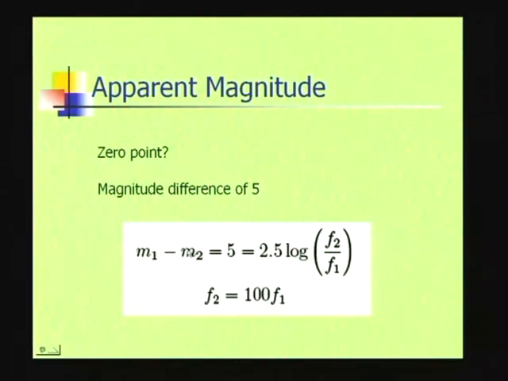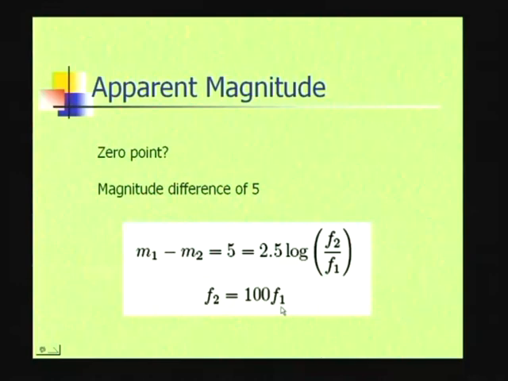The fluxes of these two sources are related like this. M1 is minus 2.5 log F1, so I have just put it in the denominator, so the minus sign does not appear. So 5 is equal to this, or log of F2 by F1 is 2, which tells us that F2 is 100 times F1.